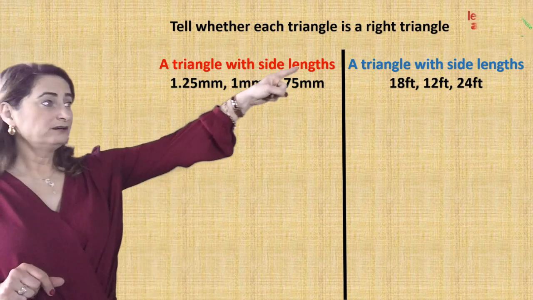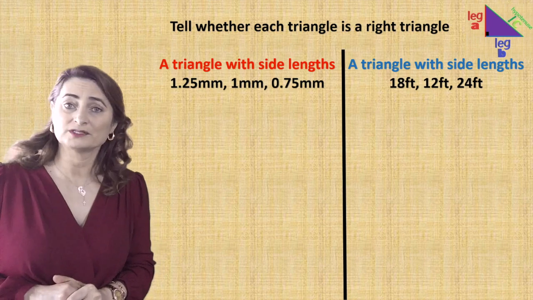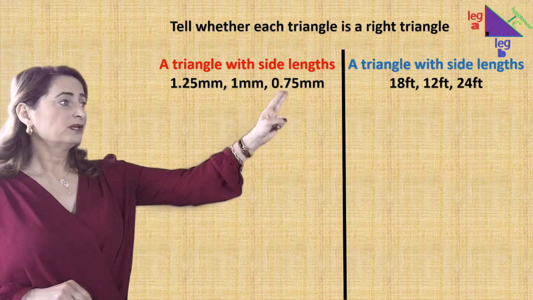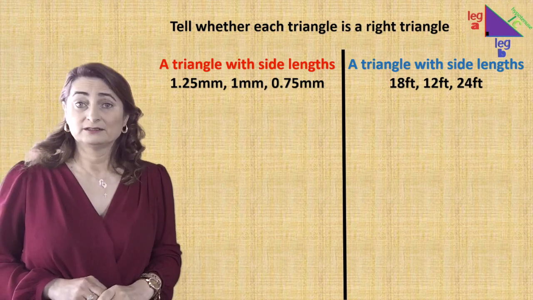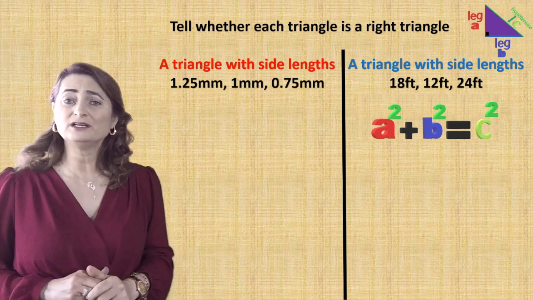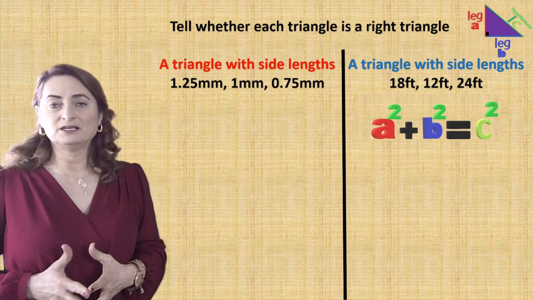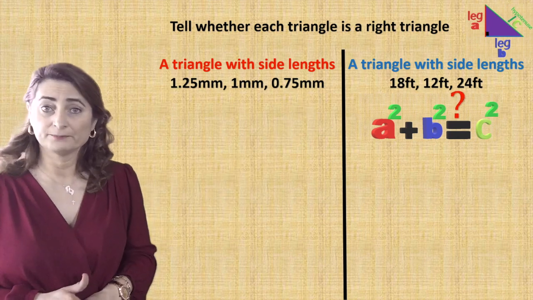So remember, a triangle has three sides, two of them are the legs, and one of them is the hypotenuse. Here's an example. The first one is 18 feet, 12 feet, and 24 feet. Write the equation first that says a squared plus b squared equals c squared, but I'm checking to see if that statement is in fact true. So there's a question mark on the equal sign.